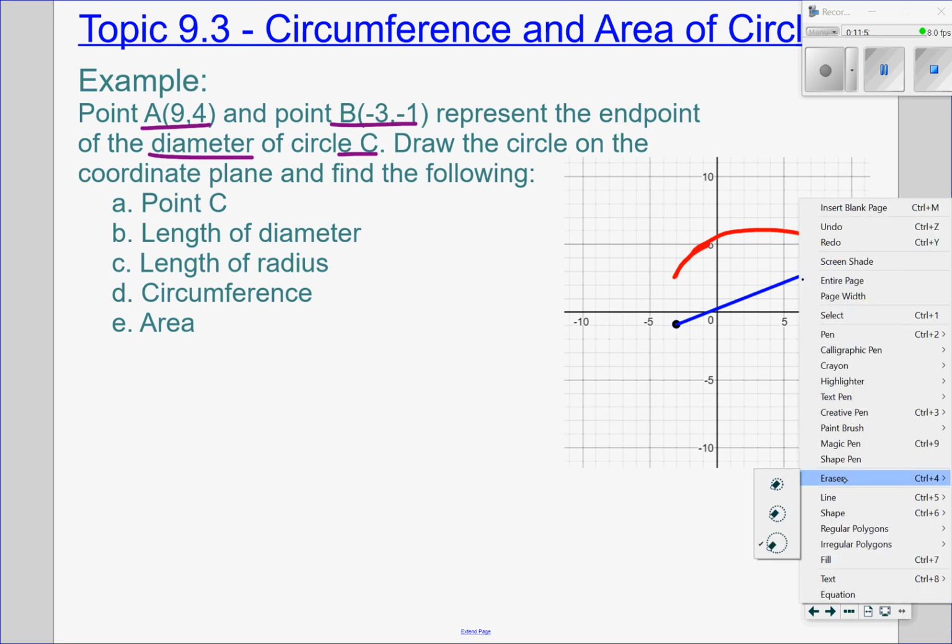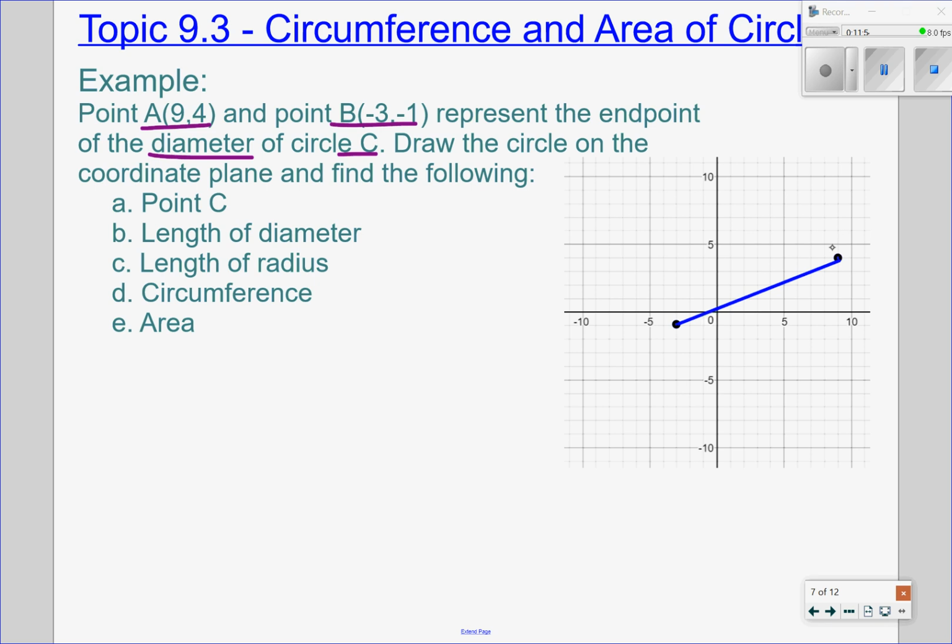We're going to go ahead and stick with the dotted line version of this for the sake of sanity. Once you commit to drawing, you just keep on going. All right, so that'll be our circle that we sketched here.